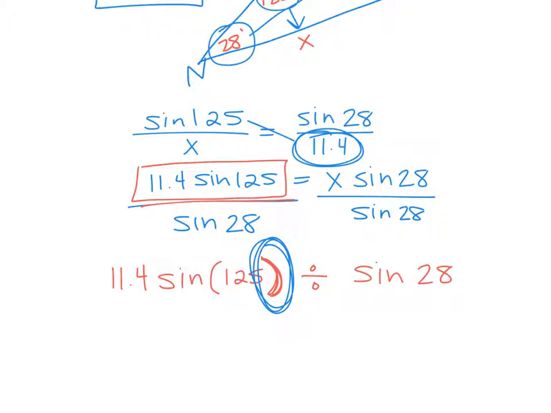If you're going to plug it in separately, then you can do 11.4 divided by sine 125 and hit enter, and you would get 13.917, okay? Because that's not our final answer, give it 3 decimal places. Go to the nearest thousandth, okay? And then divide by sine 28.